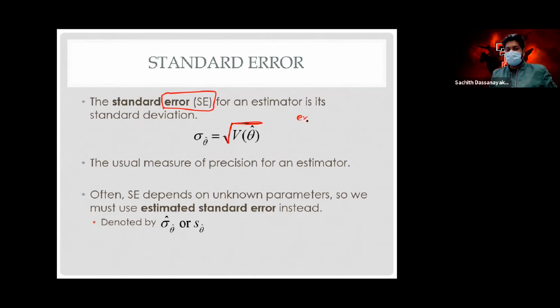You can take the variance of theta hat, let's say x bar, and check this one as well. You will see what the standard error is. Sometimes it is 0, sometimes it has a value. That's the standard error of that particular estimator. So the same value should be here, this one and this one. That's what we are going to find.